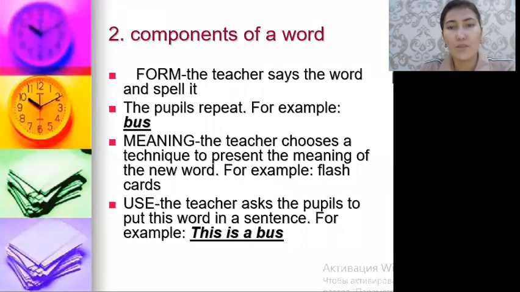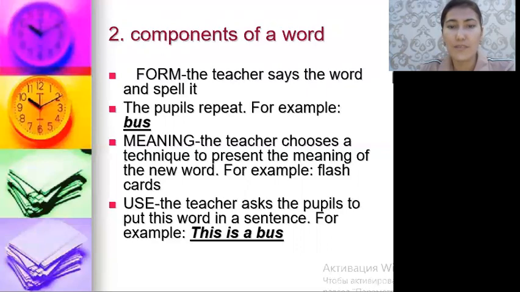The next stage is components of a word: form, meaning, and use. The teacher says the word and spells it, and the pupils repeat. For example, B-U-S, bus. And then you have to work with the meaning of the word.